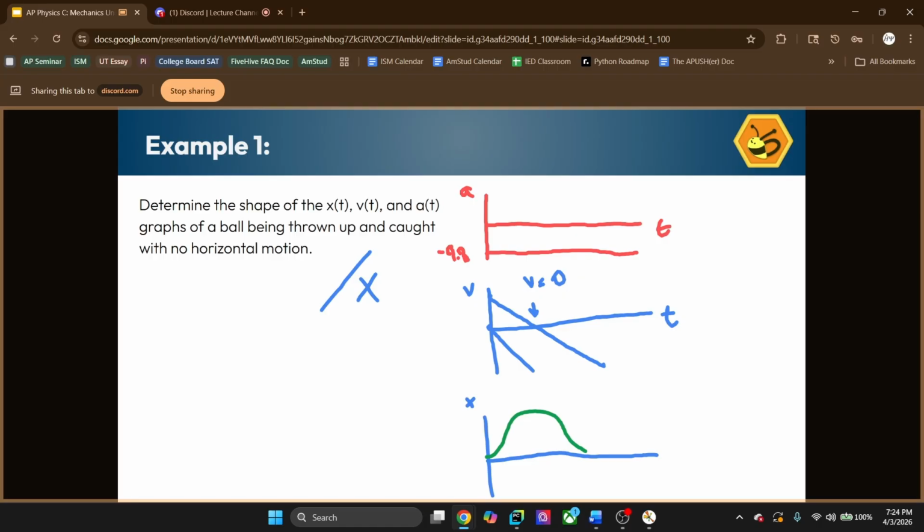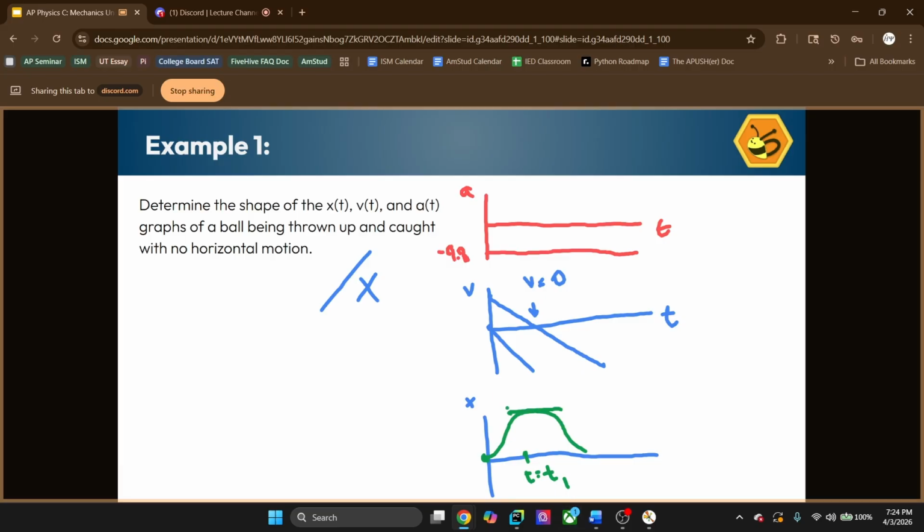Now let's take a look at what this graph is telling us, right? It's showing that at t equals 0, the position is 0. It's at what we decide as ground level, which is the hand. At t equals t1, let's say, a lot of times College Board will say t equals t1, t equals ta, t equals t2, something like that on FRQs. At t equals t1, it's approximately at its peak, and that means it's reached its maximum height, right?